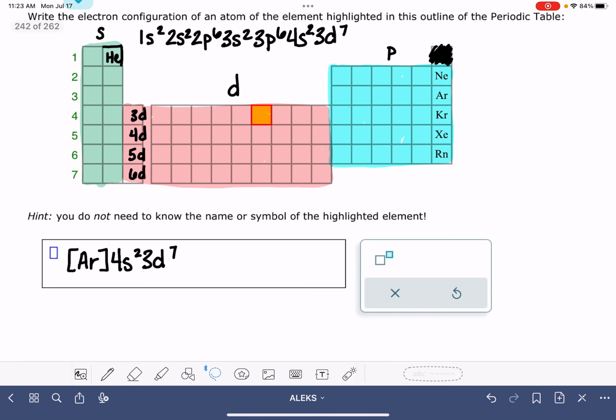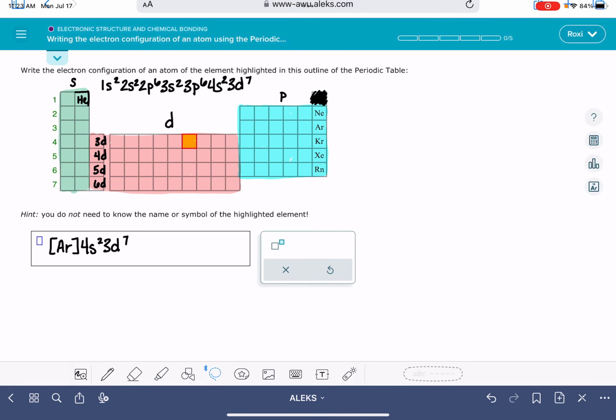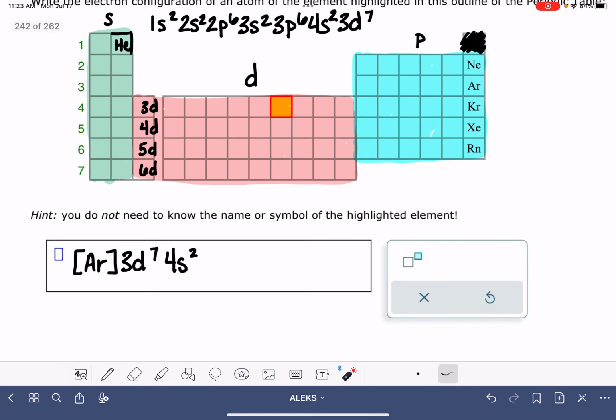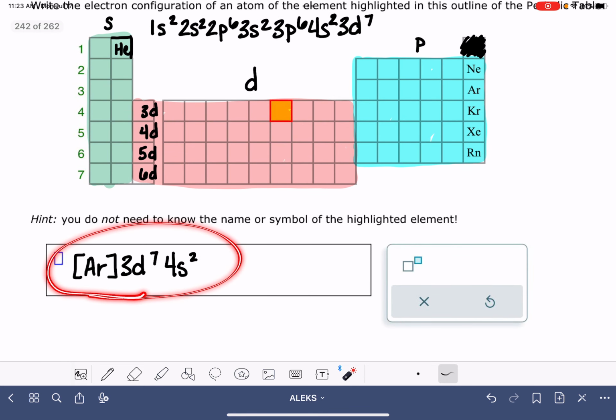Now, one thing that I noticed when I was looking at the solutions for this problem, ALEKS actually wants you to put this portion of the electron configuration in order of increasing principal quantum number. So it wants you to do the 3d7 part first and the 4s second. And that is not always conventional. That may not be how your textbook illustrates it. It may not be how your instructor illustrates it, but it is how ALEKS wants it done.